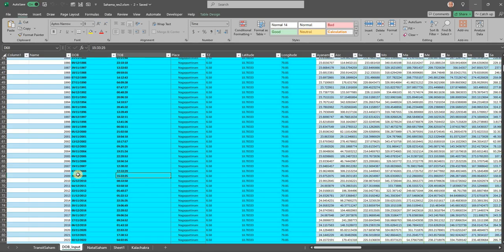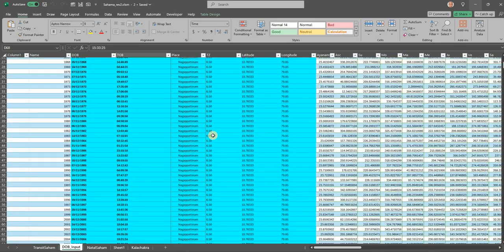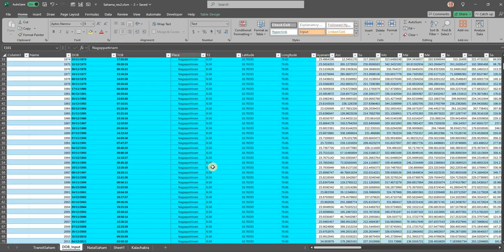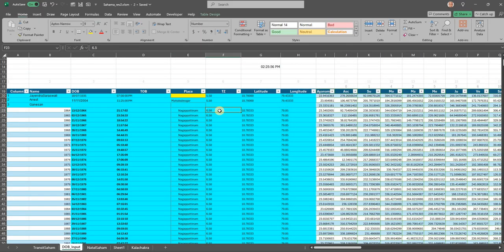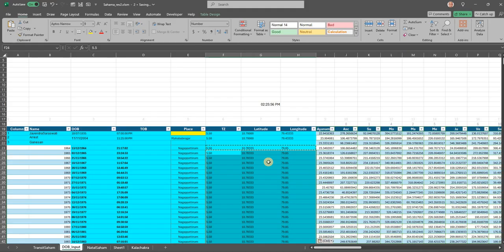You can read it for any other annual chart, but I am reading it for the Tithi Pravesha chart here. I think I copied the wrong data here. Okay, there you have all my yearly dates when the Tithi Pravesha happened.